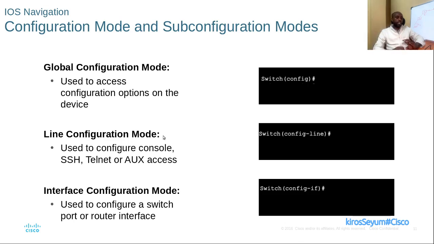Line configuration modes are, for example, auxiliary and SSH communications. You need to configure the lines, and you may configure the interfaces. Each interface of a router you have to configure, and even in switches you may need to. So you have to go to that interface. For example, you see config-if if you are in the interface, config-line if you are in the line, and config, which is global configuration mode.